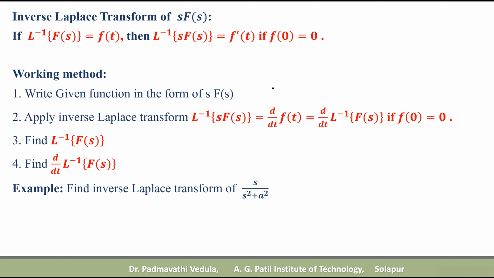Find inverse Laplace transform of s by s square plus a square. Now s by s square plus a square can be written as s into 1 by s square plus a square. So when we are finding inverse Laplace transform, L inverse of s by s square plus a square can be written as L inverse of s into 1 by s square plus a square.